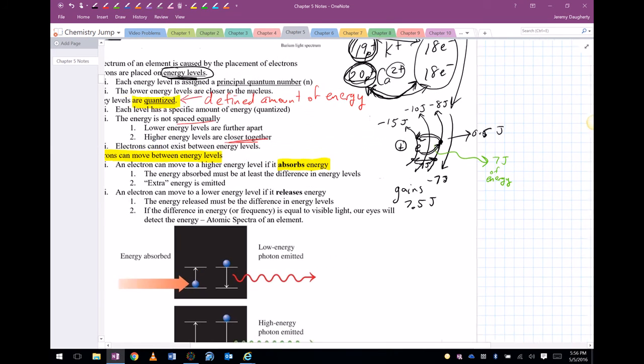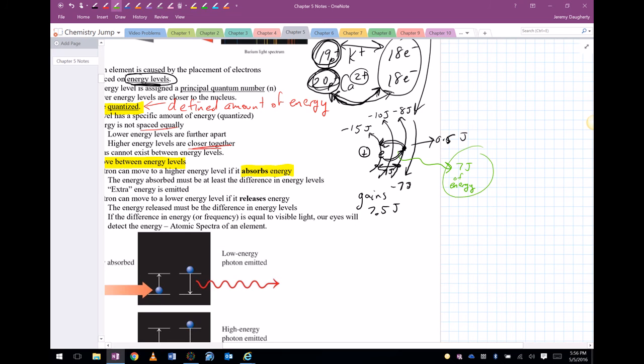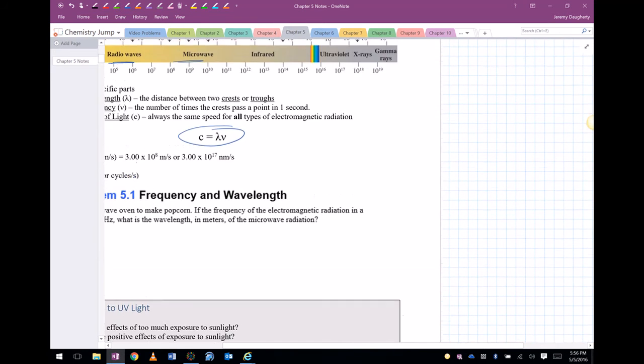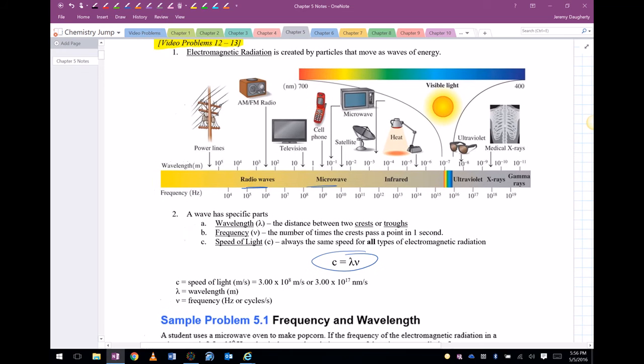Now, when it gives off that energy, it can be in all sorts of wavelengths of light. So we go back up here to look at the electromagnetic spectrum. That's how it gives off the energy. It's somewhere in this electromagnetic spectrum. Maybe it gives off visible light, like in the lab that you're going to do. There's a very small region of visible light.